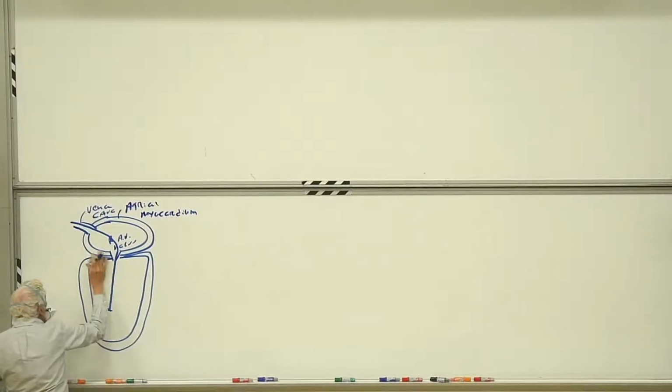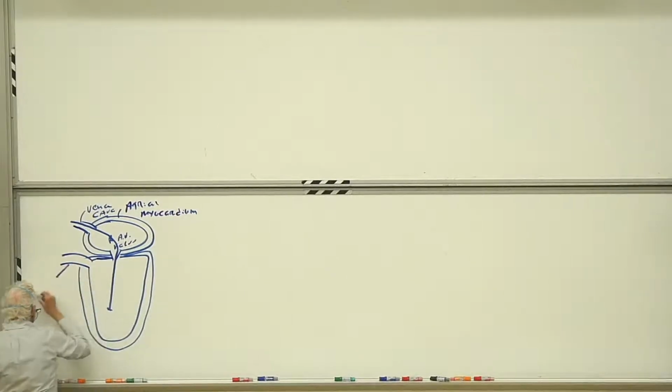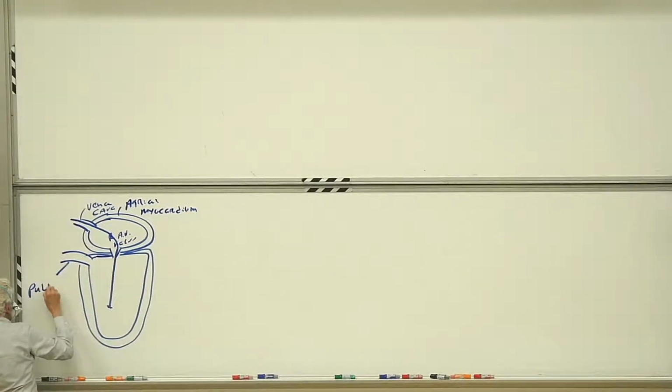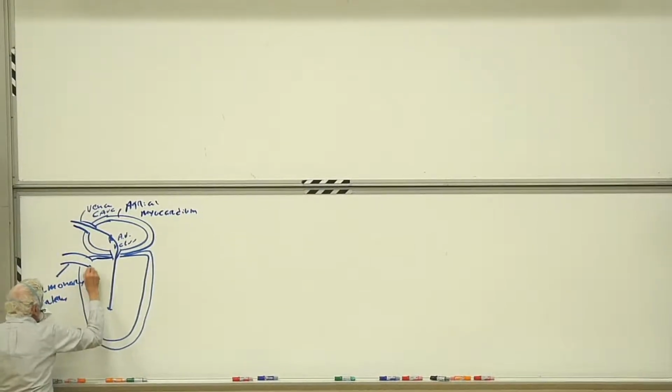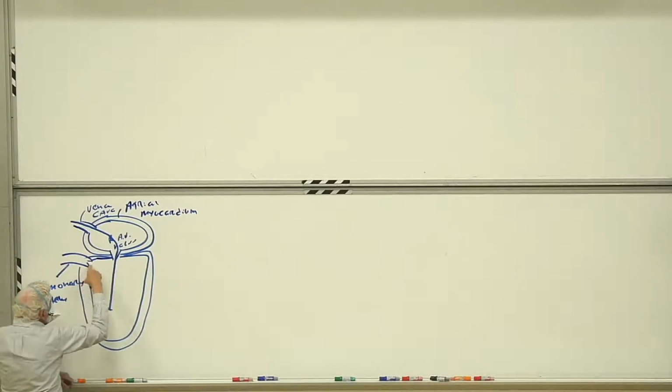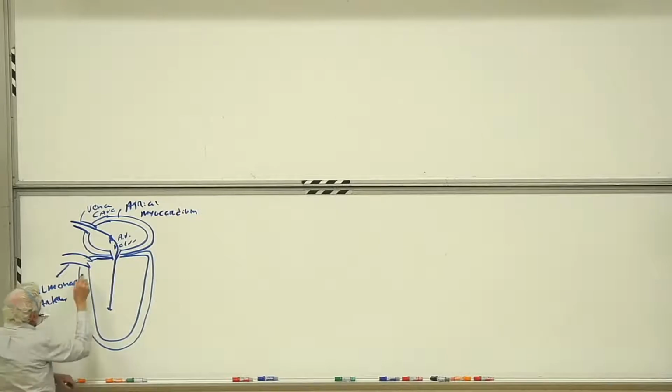The pathway out is through this structure here on the right side, which will be the pulmonary artery. And right at the opening between the right chamber and the pulmonary artery is this pulmonary valve.